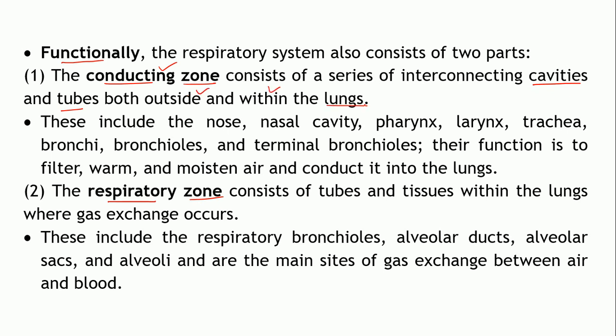Whatever tube-like structures are present will be included in the conducting zone. It includes the nose, the nasal cavity present within the nose, the pharynx, larynx, trachea, bronchi. Bronchi divide into smaller ones, that is bronchioles, which still divide into smaller ones, that is terminal bronchioles.